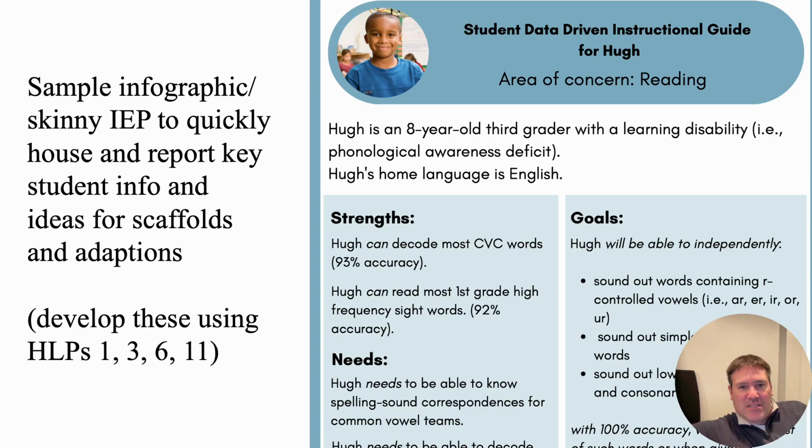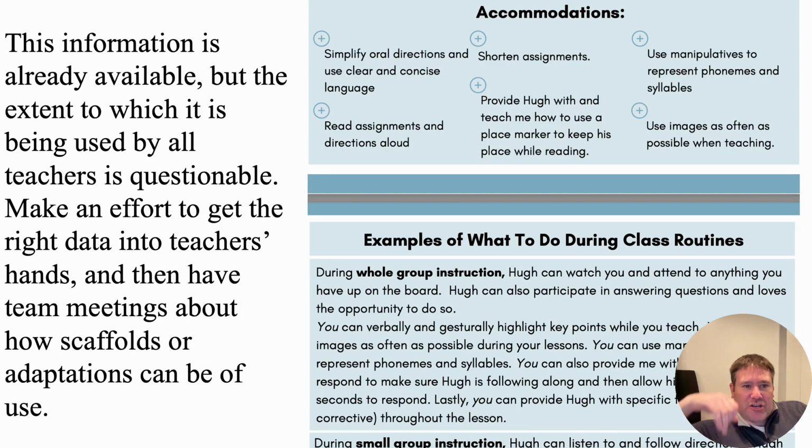I want to use this example for the remainder and second half of this session on scaffolds. One of the things that we often do for our teachers is we give them skinny IEPs, usually the name of it. The purpose is we provide this information so teachers have it at their doorstep.